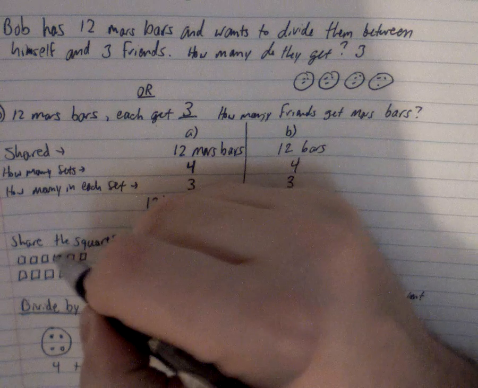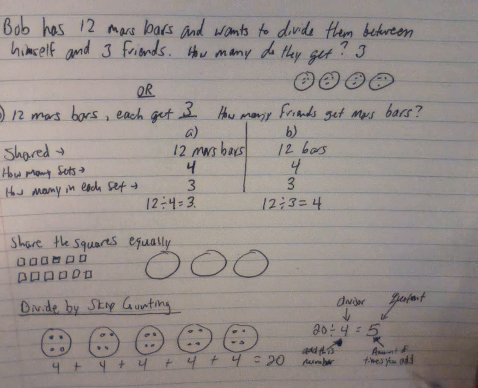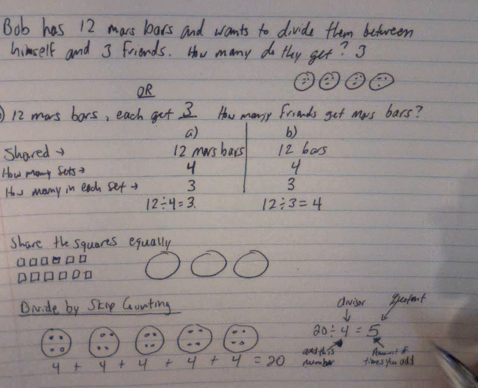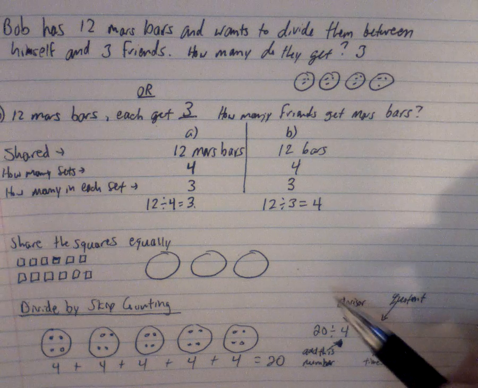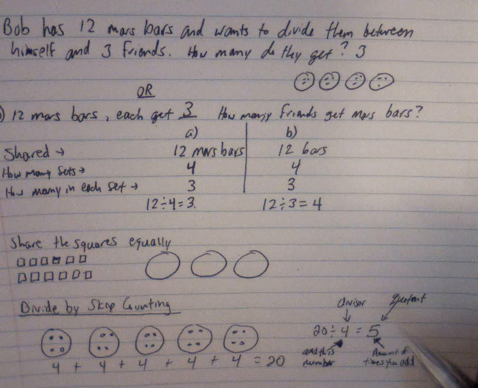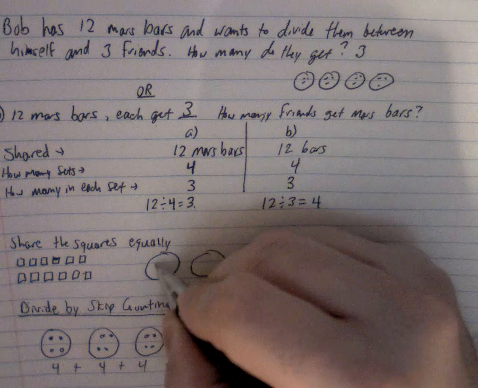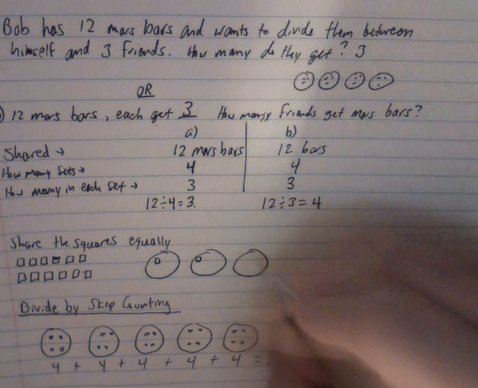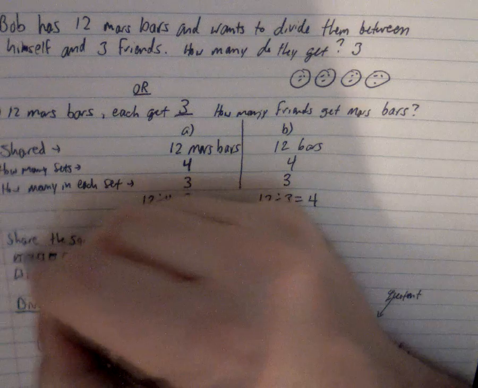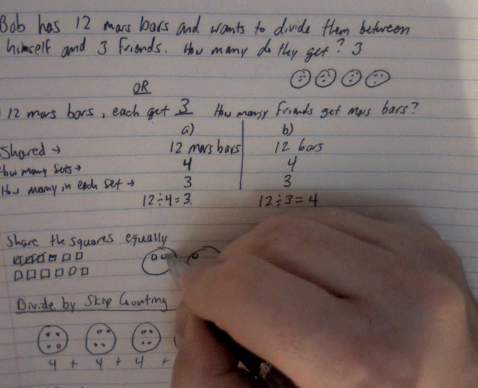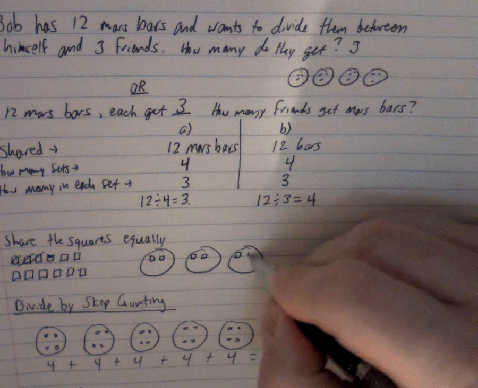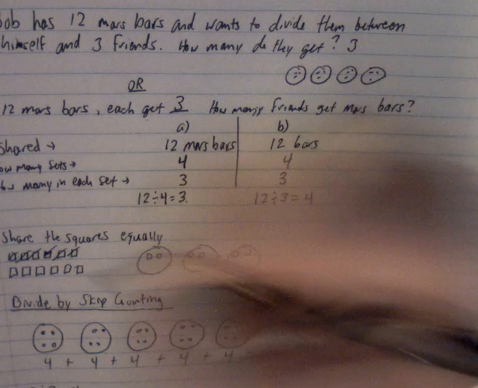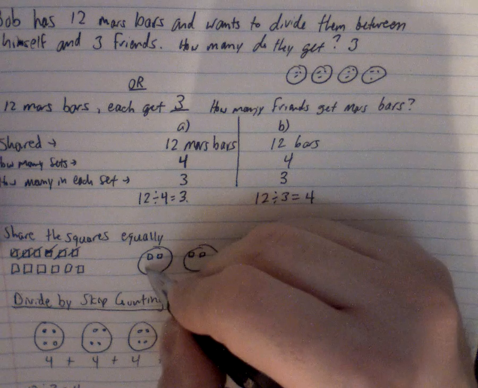So what I would suggest doing until you get comfortable with it, you can skip count. You can take a look and say, okay, I got 3 circles, how many squares would fit into each? Or just do 1 square at a time. So I got 3. I'd just cancel out 3. Let's do that again. I look at it, I still have more, so I can do 3 more.